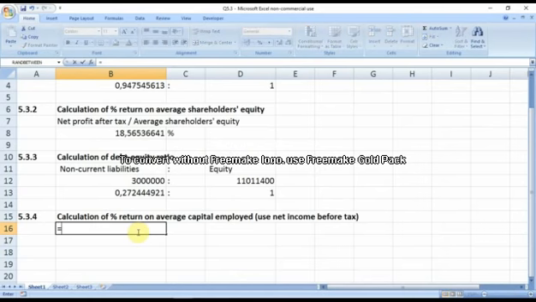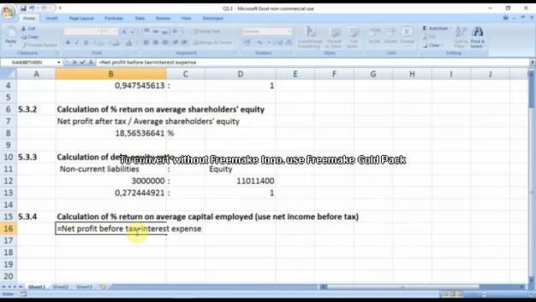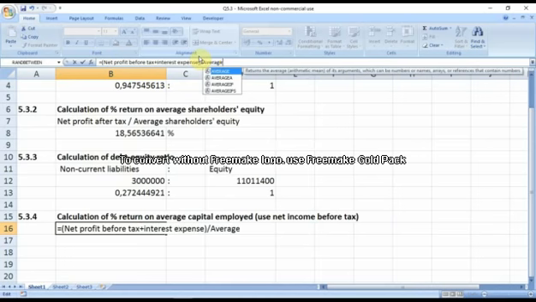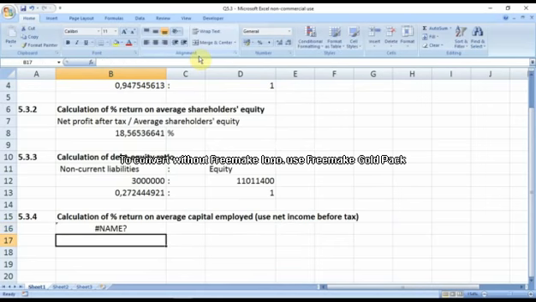So it is equal to the net profit before tax, and then we have to add back the interest expense, and that all we have to divide by the average capital employed, and then multiply by 100 to get the percentage. So let's just go and find the values.